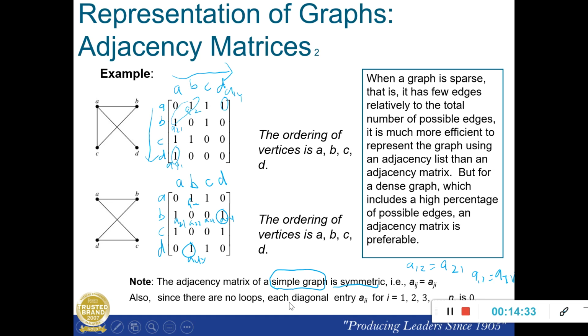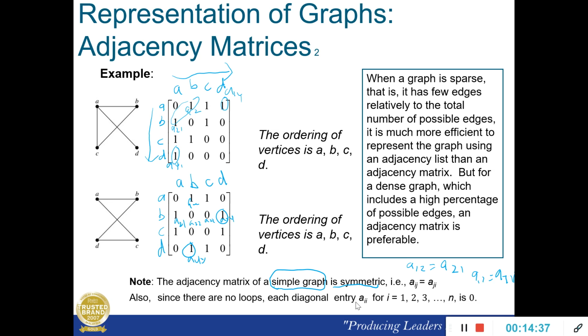Also, since there are no loops, each diagonal entry a_ii, for i equal to 1, 2, and 3, is 0. Okay, a_11, a_22, a_33 are all 0. We check here: a_11, a_22, a_33, a_44, all 0 here.